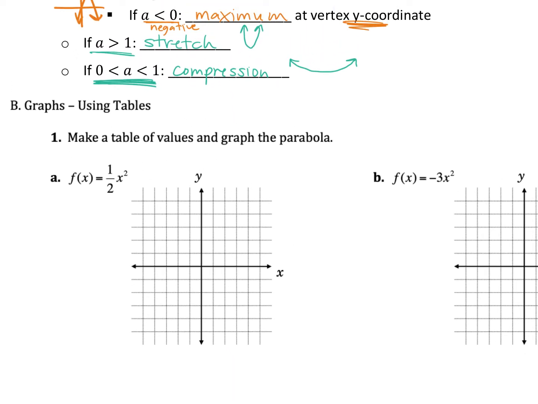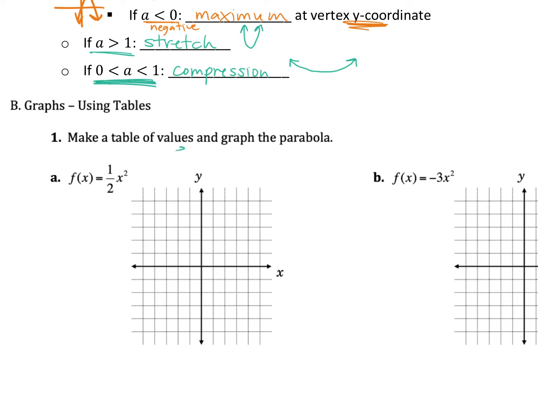Okay, so there's two ways that we're going to do graphs for this stuff. Sometimes we're going to make a table, and sometimes we're just going to use the idea of a shift that we used in the previous chapters to say like, oh, well, I know this one just shifts down 3 rather than have to plot all the points for it, okay? But for this first set, we're going to just do the table of values so you can see here's one way you could always graph something, okay?